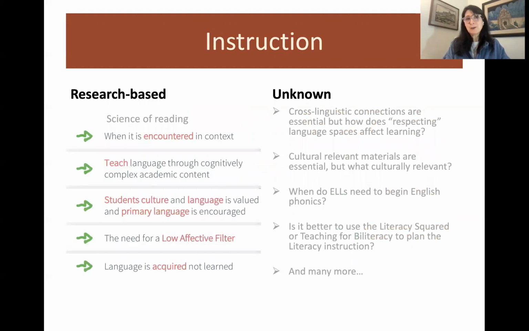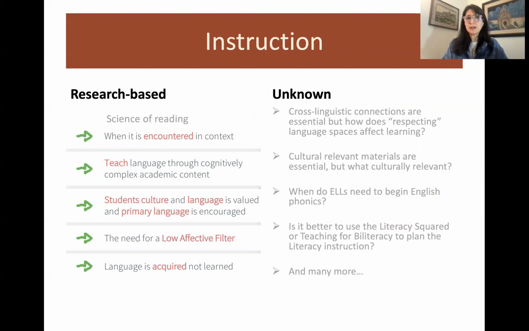So when we think about what is research-based and what is not, it can be complex. For example, there are some aspects that are research-based, and the left side of this slide is from Big Lad, and I omitted giving them credit, I apologize. So they're saying there is specific information we have from the science of reading that's research-based, and we have a lot of it now with neuroscience.